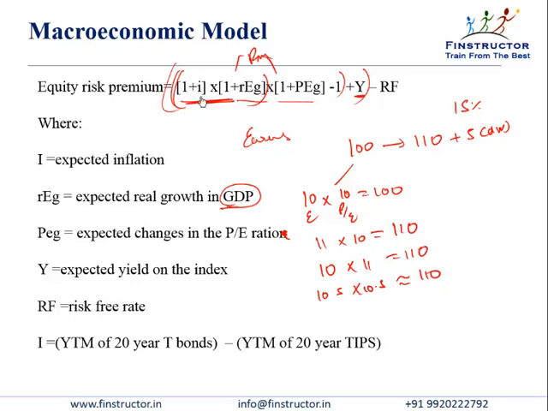So if we know the expected inflation and we know the expected GDP growth, then this is the expected earnings growth for the economy as a whole. And if the stock market is a good indicator of the economy, then the stock market's earnings should also grow by so much. Change in PE ratio is estimated by the analyst, plus the dividend yield that can be known from the stocks present in the index, minus the risk-free rate will give us the equity risk premium.